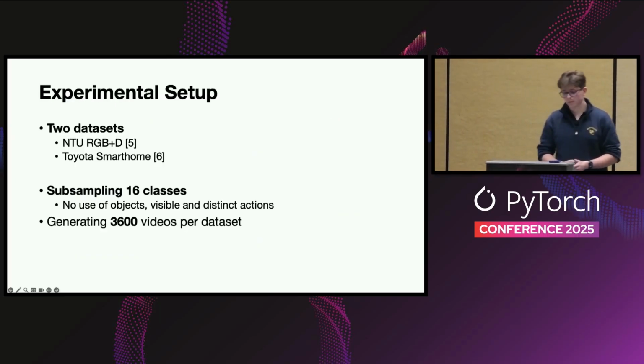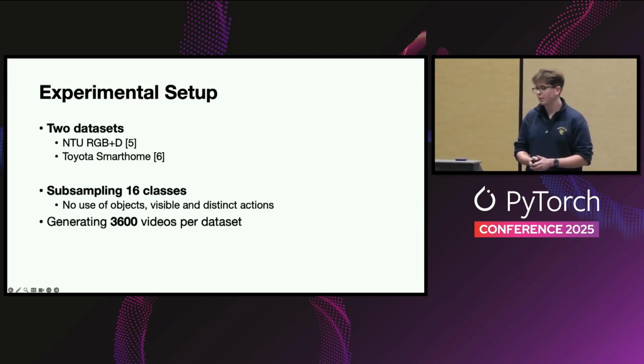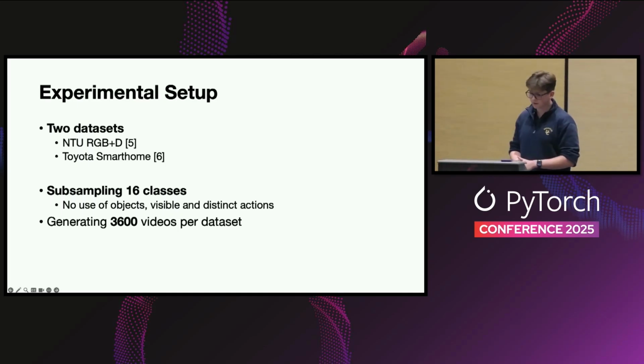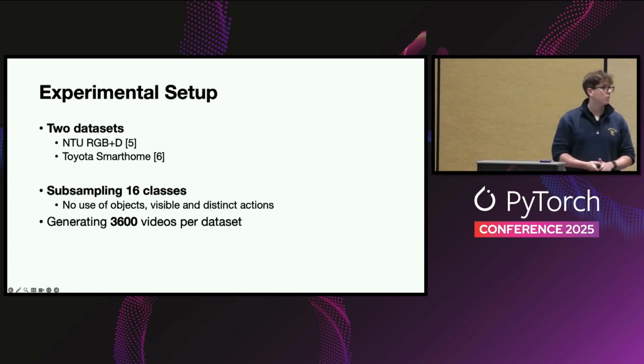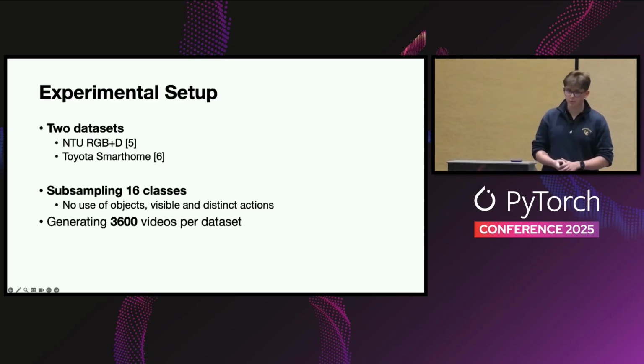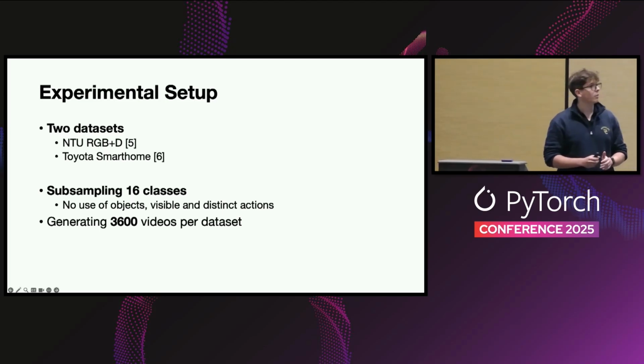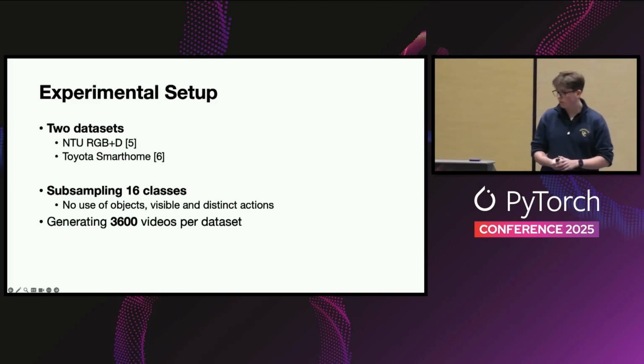Yeah, so then for some experimental setup to understand if those videos actually help the models. So we tested it on 2 datasets. One is NTU RGB+D, and the other is Toyota Smarthome. And Toyota Smarthome is basically elderly people performing daily tasks in their home.